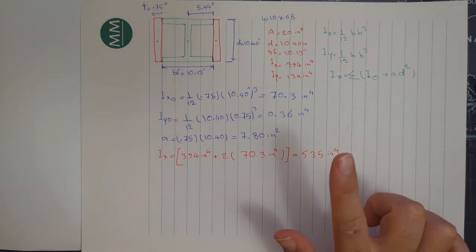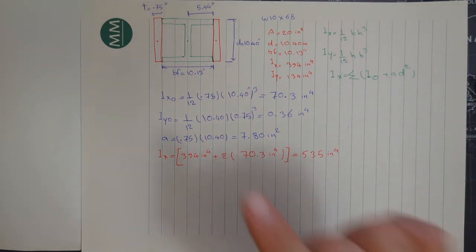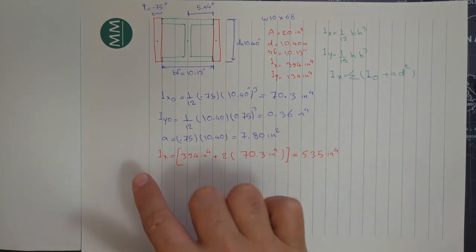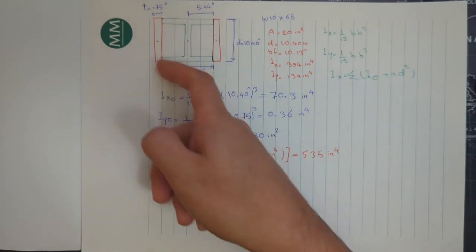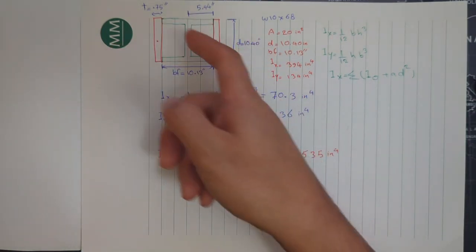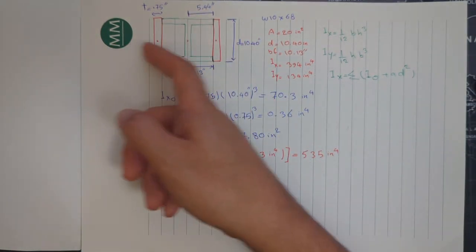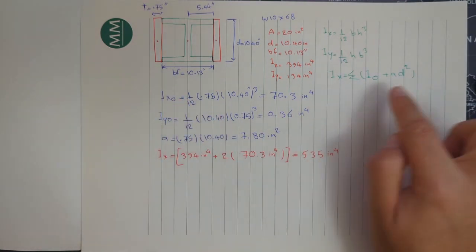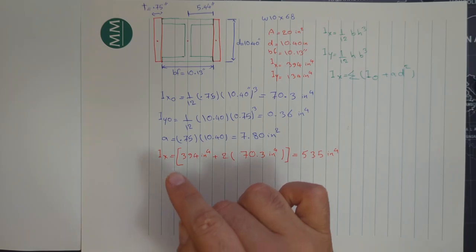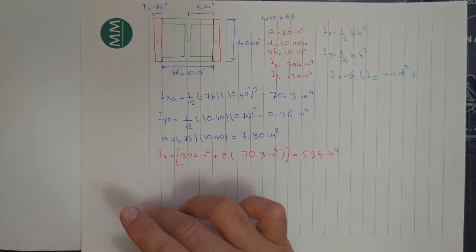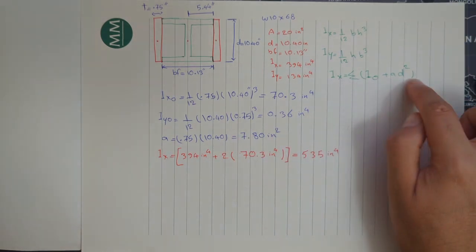Just one more time. If we want to calculate the moment of inertia of a shape, if it is symmetrical in all parts, in all shape, we don't need to use AD². But if it is not symmetrical, we have to use the parallel axis theorem, which is this.